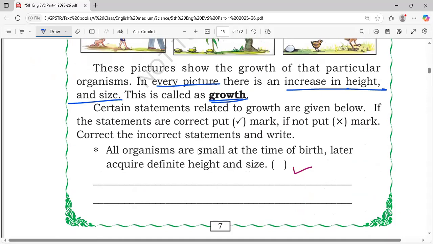Certain statements related to growth are given below. If the statement is correct, put right mark. If not, put wrong or false mark. First one, all organisms are small at the time of birth, later acquire definite height and size. Yes, this is true.